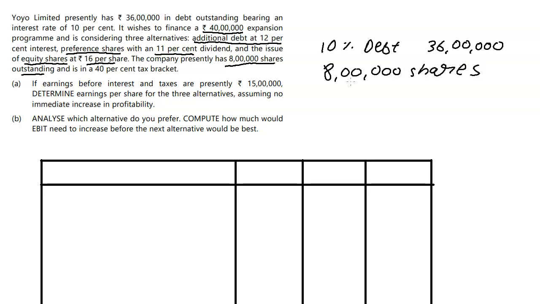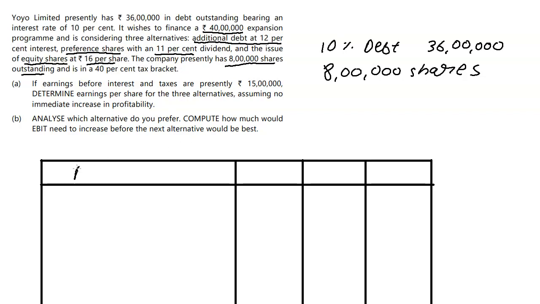Alright, so this is the old capital, and now we have different alternatives. If we really had to make a table in this question, it would only correspond to the data that I've simply underlined over here. So this much should be enough for us to continue the sum. Let's see.